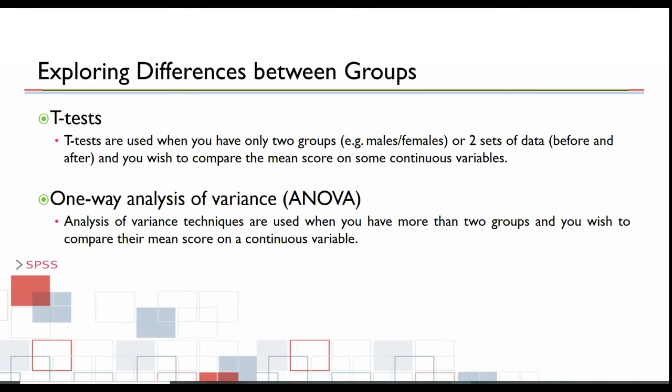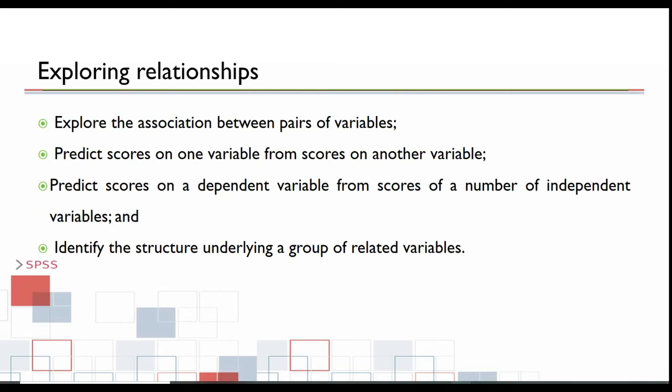Okay. Now, I want you to think and answer this. Explore the association between pairs of variables. Think about this. If you want to explore the association between pairs of variables, just now we have mentioned already that you need to run correlation, right?